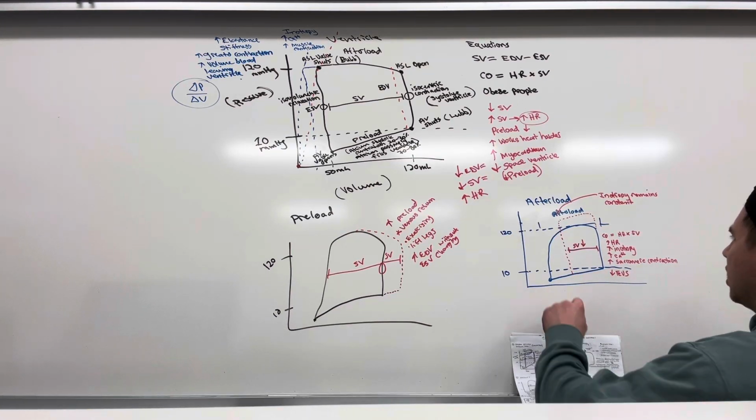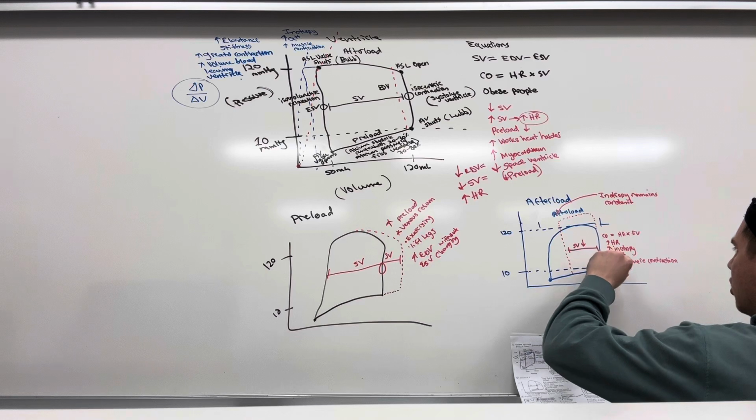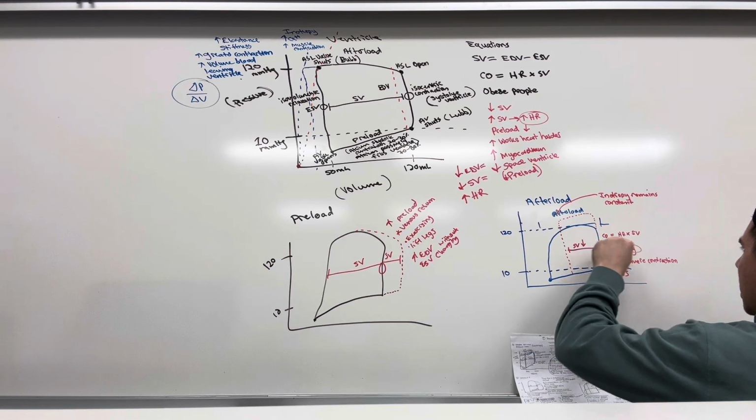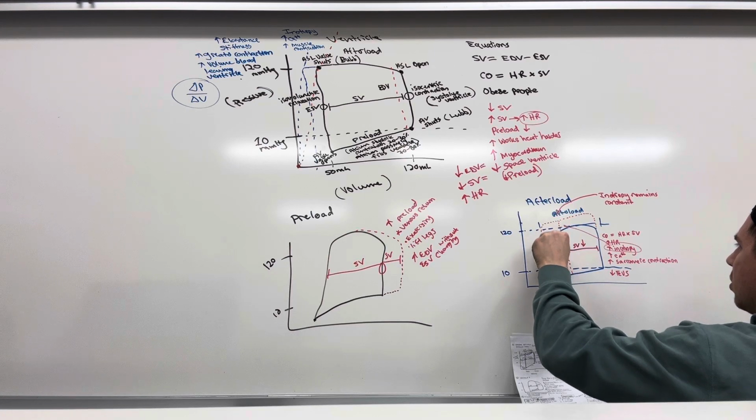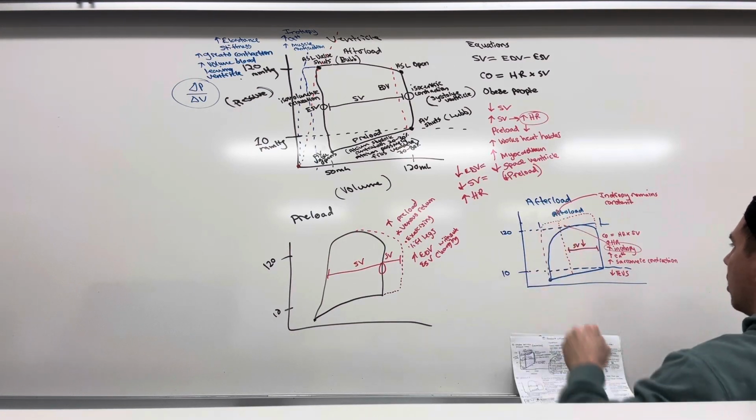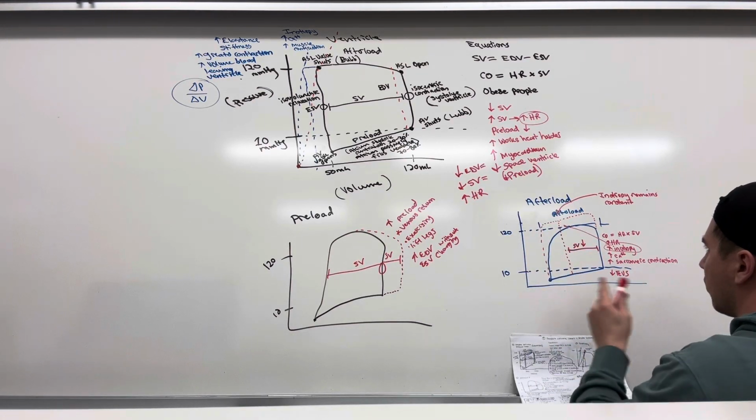So a couple of key things to think about is if we were able to increase the inotropy here, then it would look like this, and we would continue down like that. And we would maintain our same stroke volume.